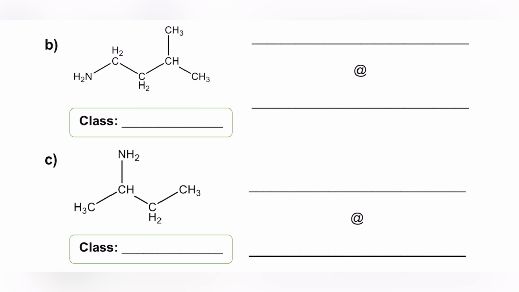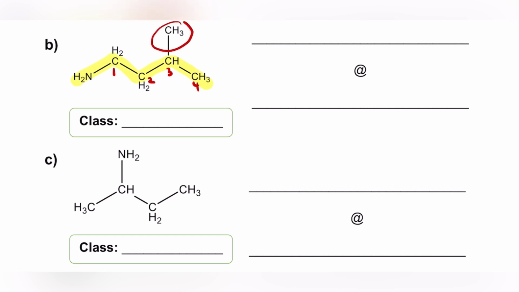Next, we have this example B. So same concept, determine first the longest parent chain. I'm going to start the first carbon closer to amino group. So it's going to be this carbon, and then second, third, and then fourth. So your parent, you have 4 carbon atoms attached to the amino group. So when 4, we have butanamine. But we have methyl here as a substituent.